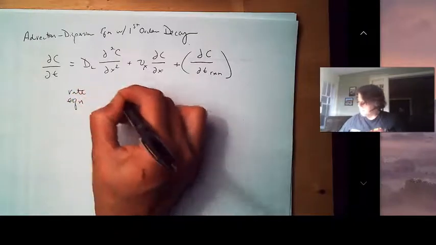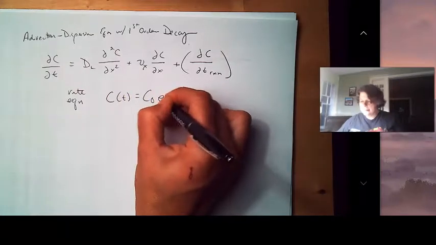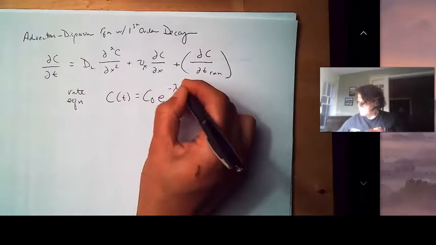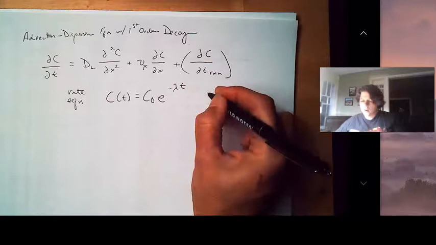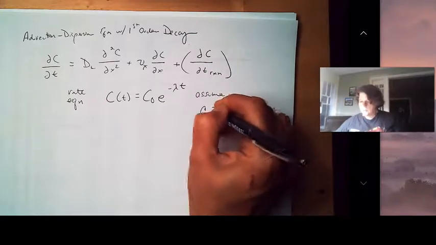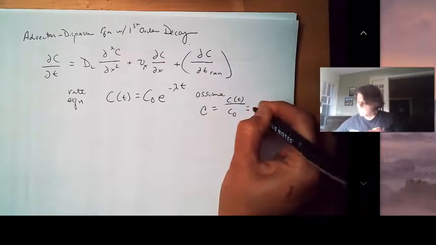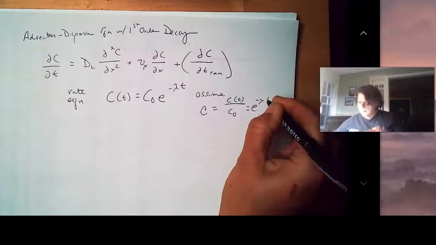And so the rate equation: the concentration at time t equals C naught times e to the power of the rate times time. And so what we assume is that the concentration at time t over C naught equals e to the negative lambda t.